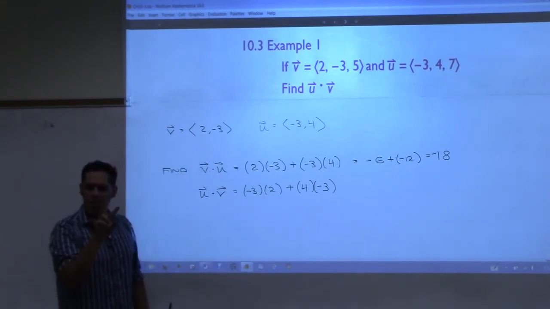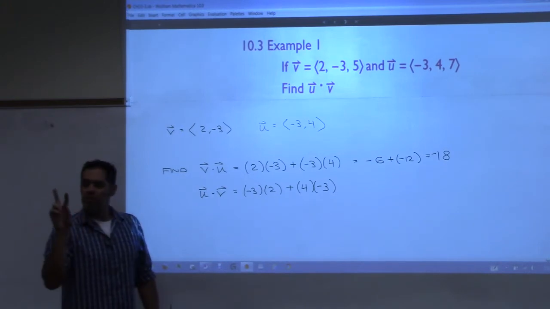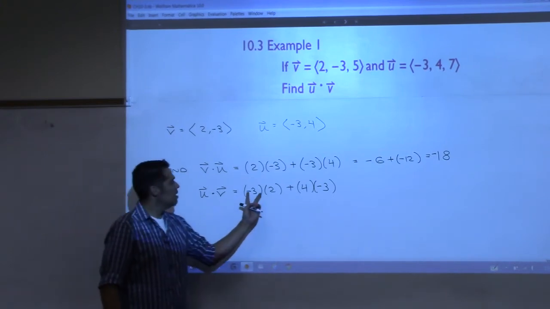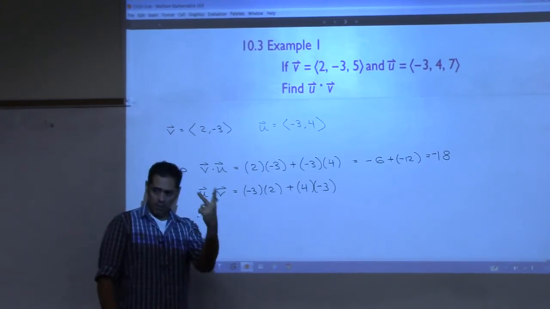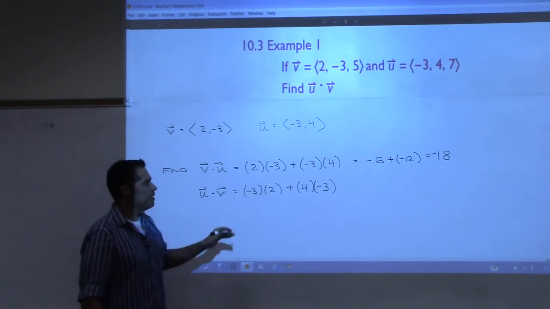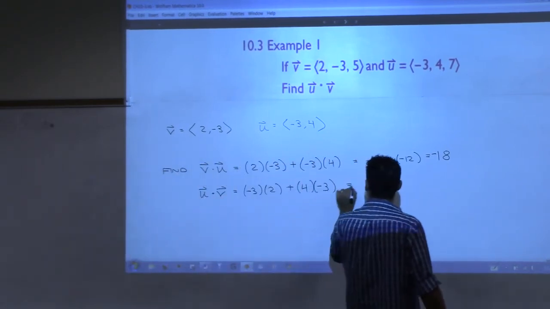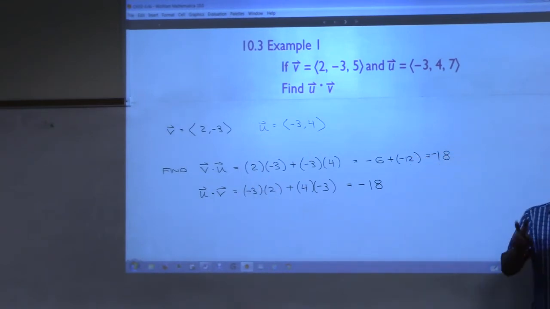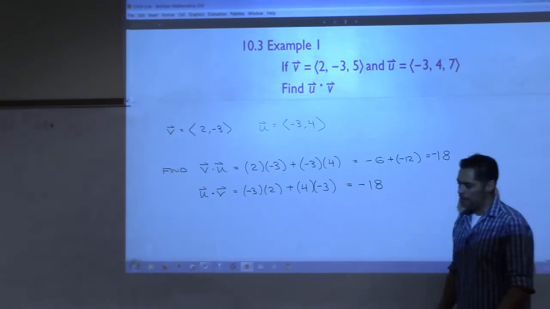Do you all know what that property is called, where you can change the order? Commutative. It's the commutative property of multiplication. Commute, you can flip the order. Because we can flip the order, we should get the same answer, and we do. We get -18. And that works for any dot products. So the operation of dot product is commutative. The order doesn't matter how you do it. All right?